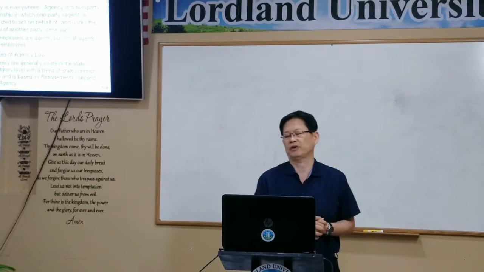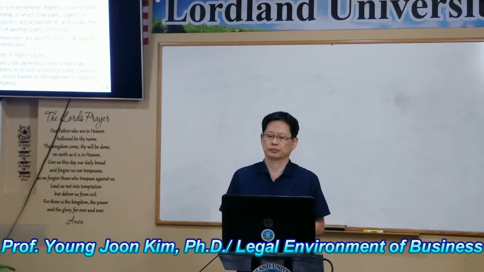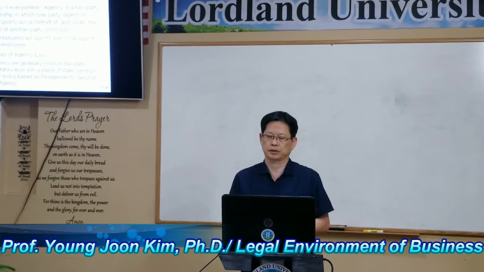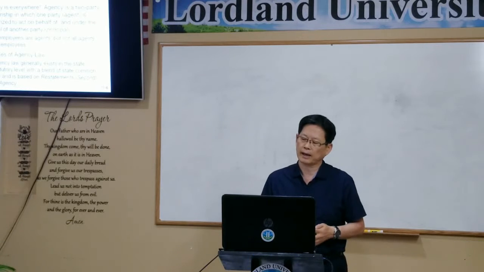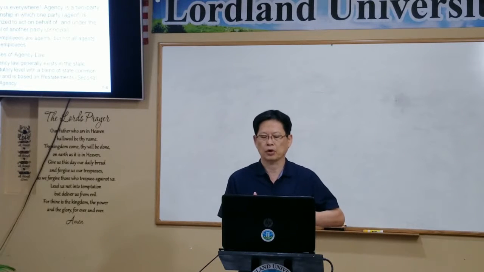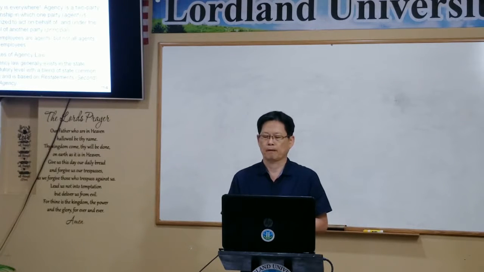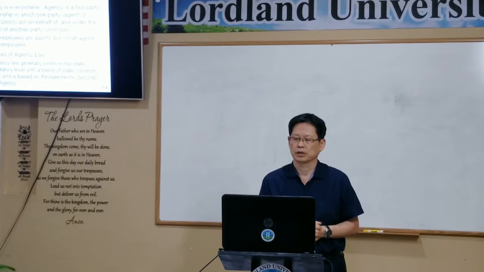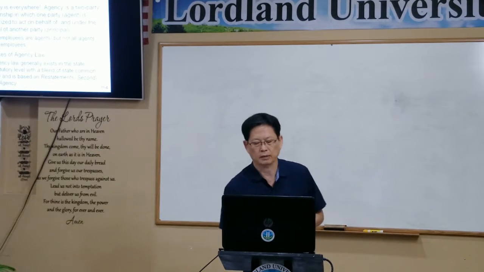Agent is defined as a two-party relationship in which one party, agent, is authorized to act on behalf of another party, principal, and one party, the agent, is authorized to act under the control of another party, principal.